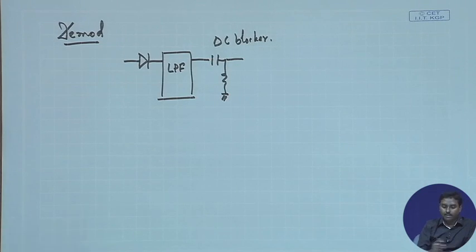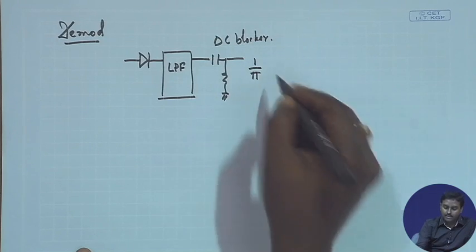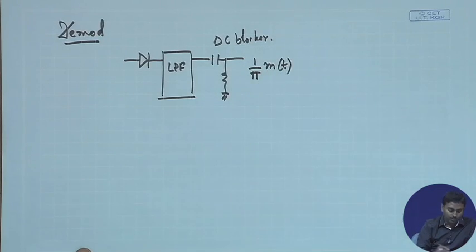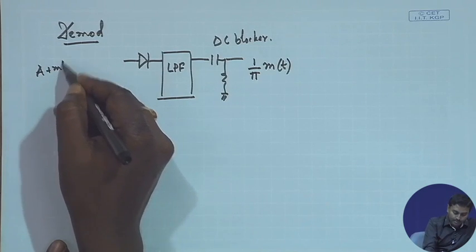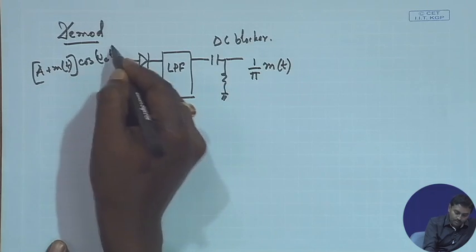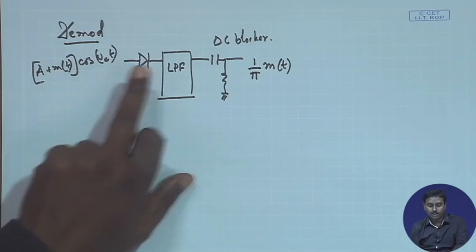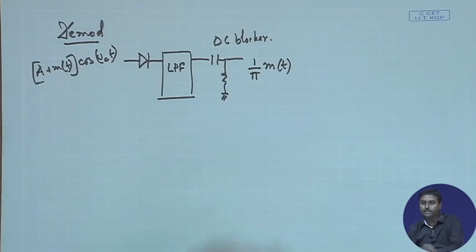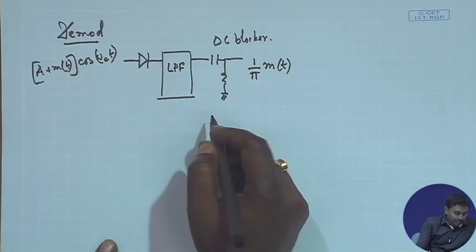And that will give me my m(t), or very precisely I will get 1 by pi m(t), as long as I am putting this A plus m(t) cos omega ct over here. That means if I put an amplitude modulated signal through this circuitry, I will get this. So let us try to prove that.